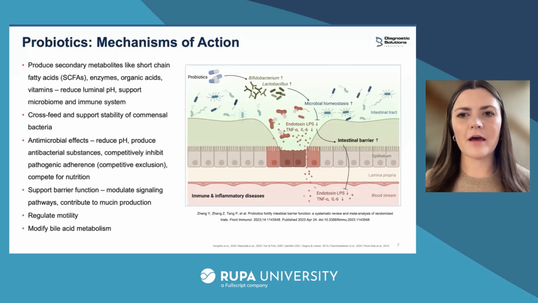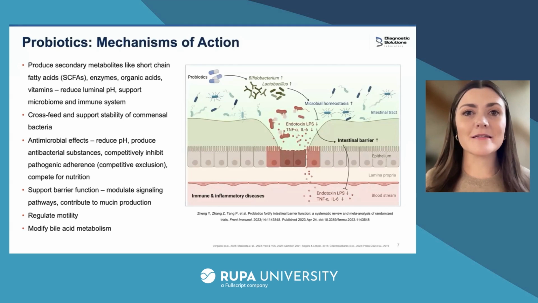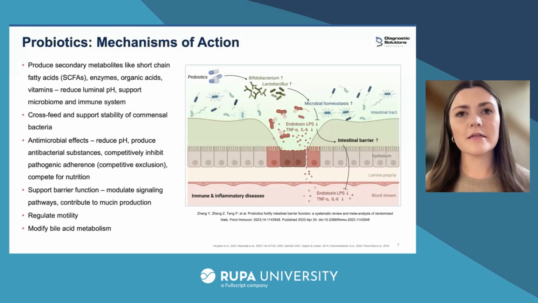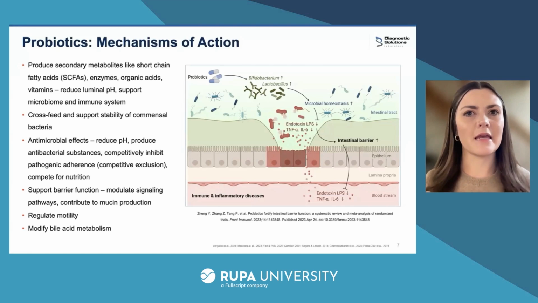So, when we have any sort of diminishment in the mucus, or if we have any damage to the epithelial layer, maybe hyperpermeability, or what we refer to as leaky gut, that's when endotoxins and inflammatory cytokines can get through into the lamina propria, into the bloodstream, and we can have immune and inflammatory effects. So, it's really important that we maintain the integrity of that barrier.